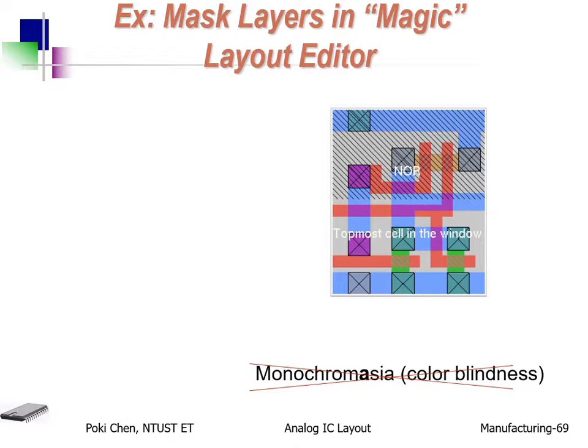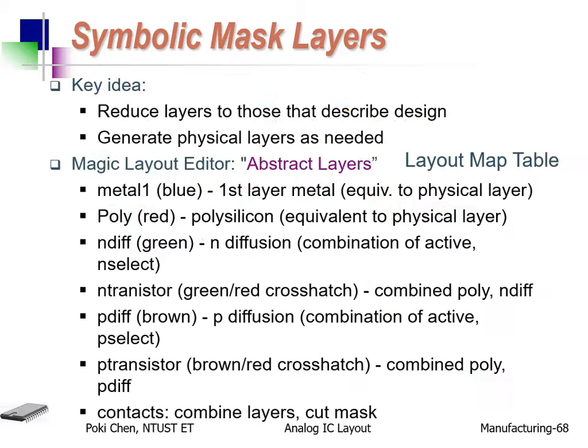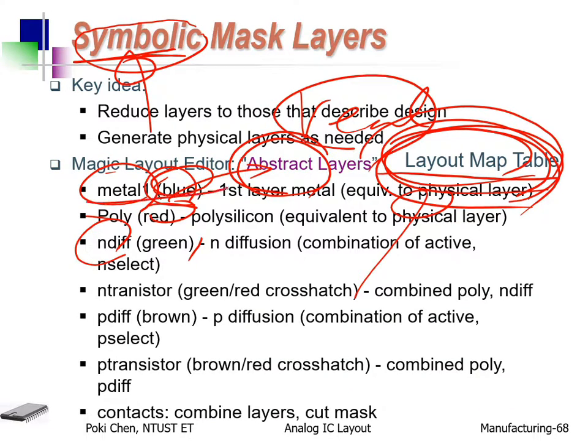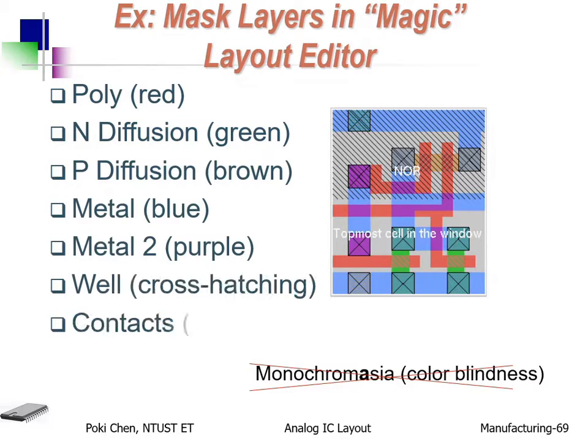So this is an example, only a good example, but not real. According to the layer map table I showed you, metal one is blue, poly is red, all of them, and finally you will see this. Okay, yeah.